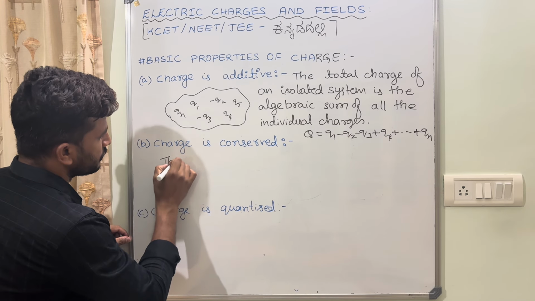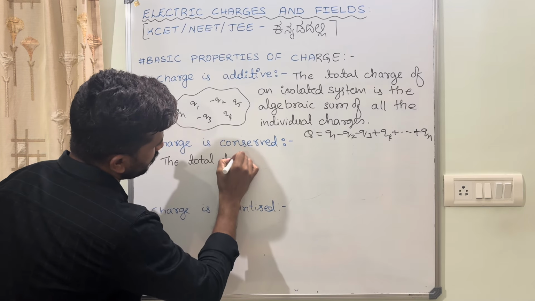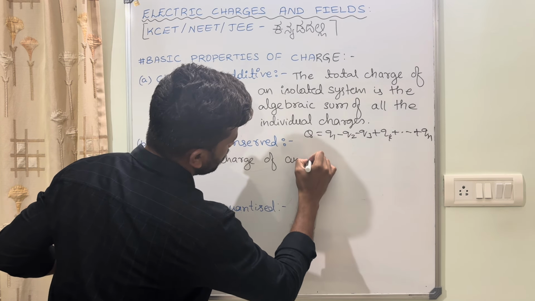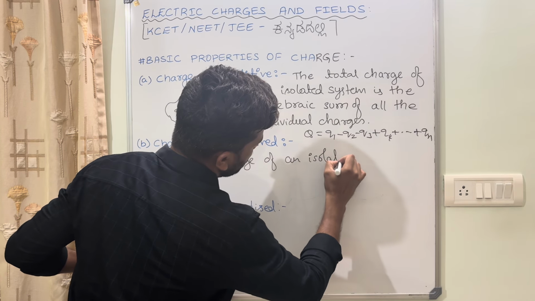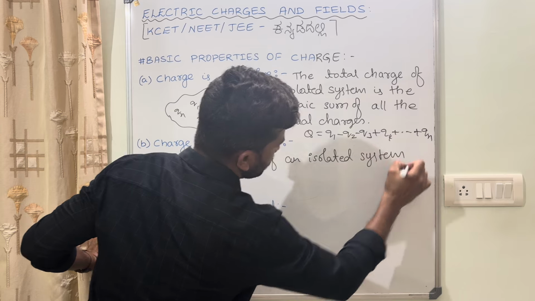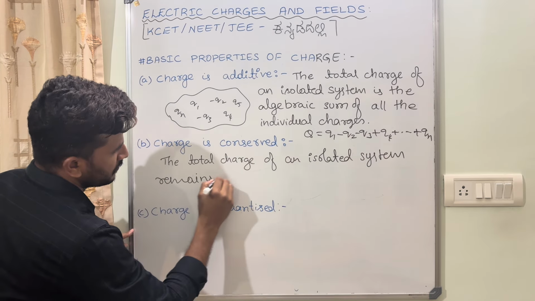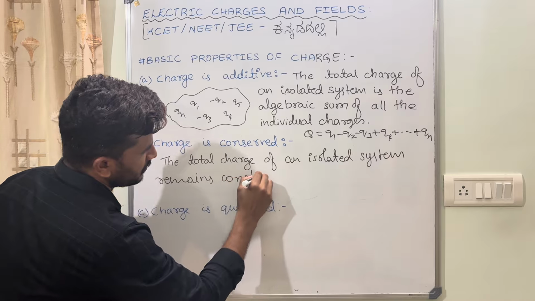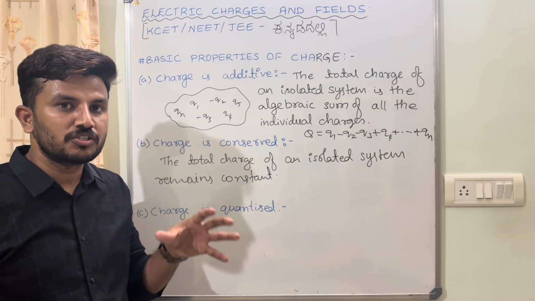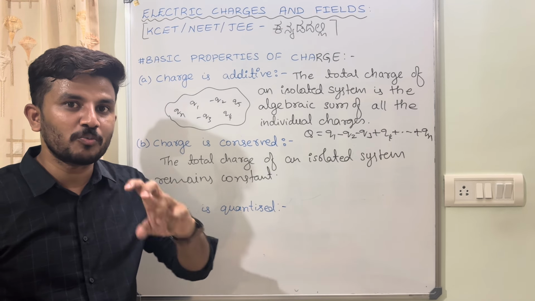The total charge of an isolated system remains constant. It does not change. Conservation: charge can neither be created nor destroyed, but it can be transferred from one body to another body.